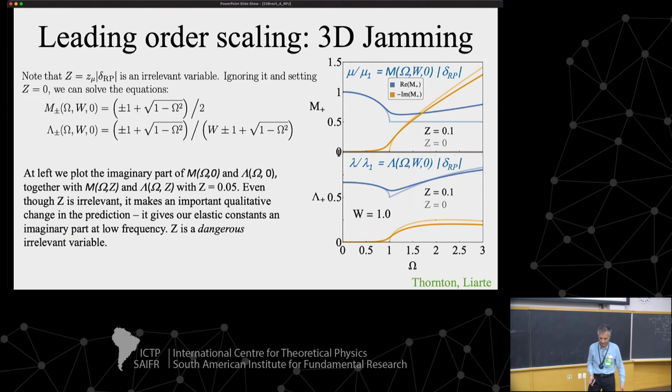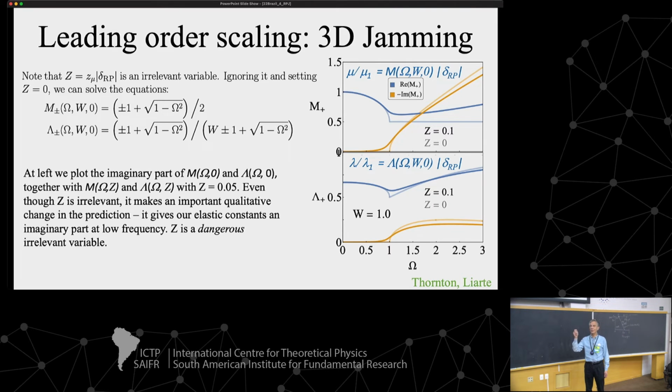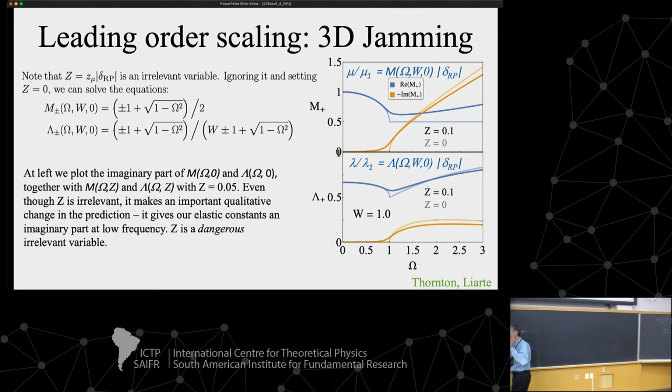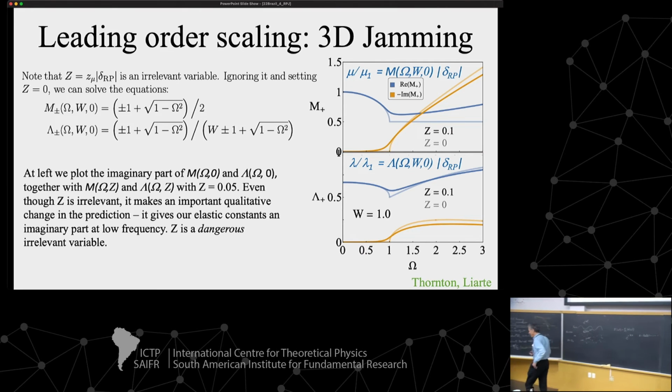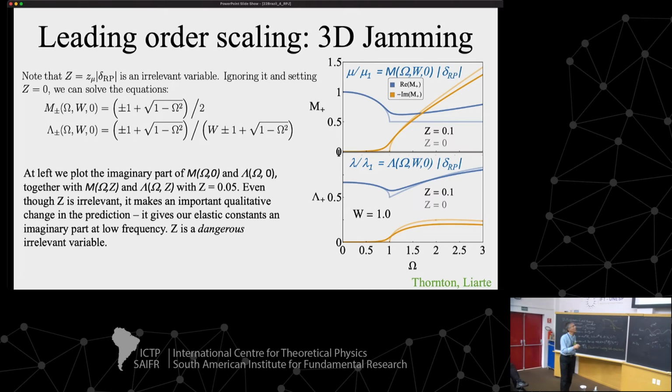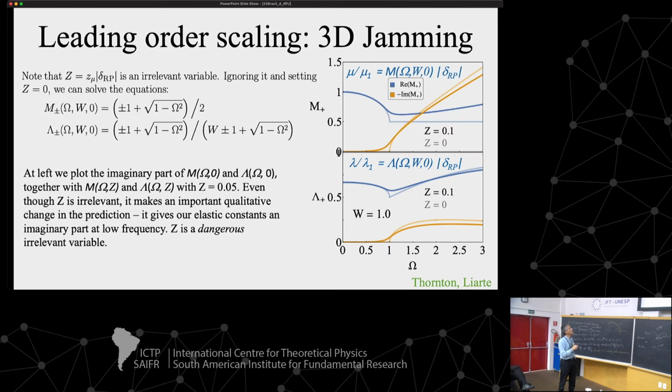Now, Danilo, in the supplemental material, has this solution that he intuited numerically, and so he found the solution for z equals 0.